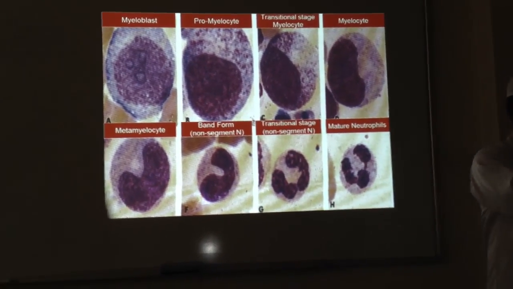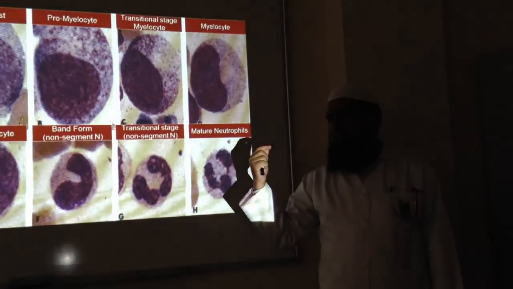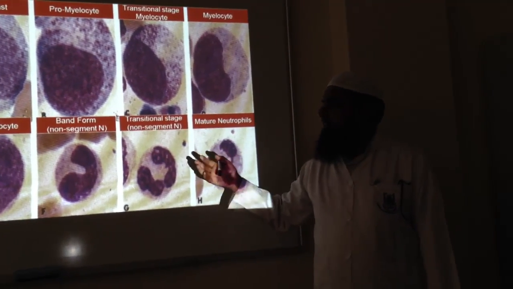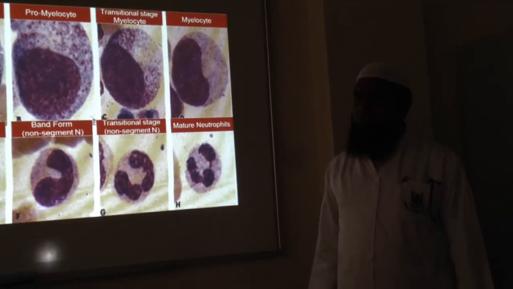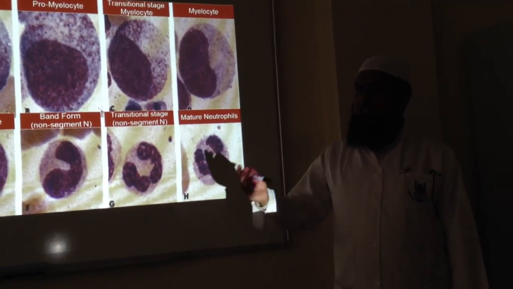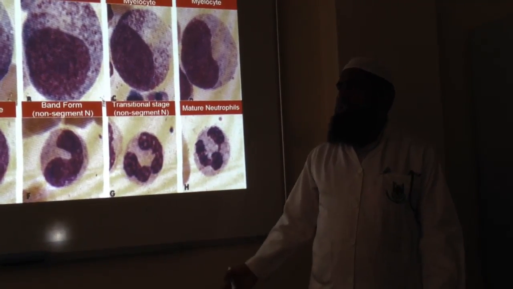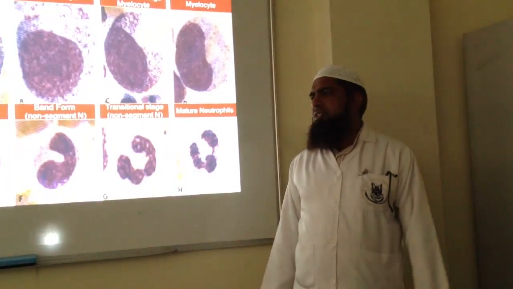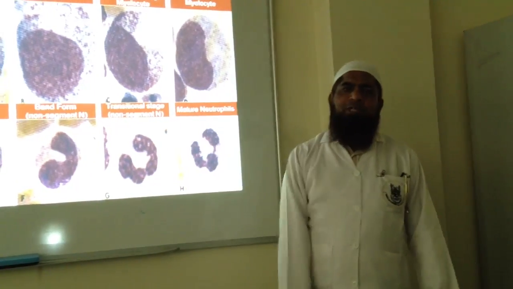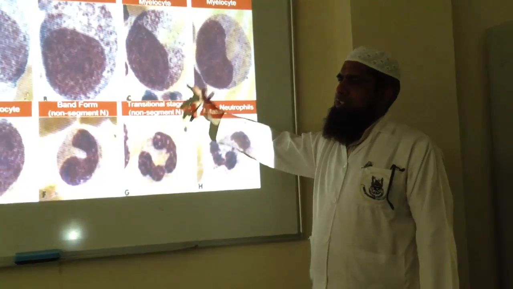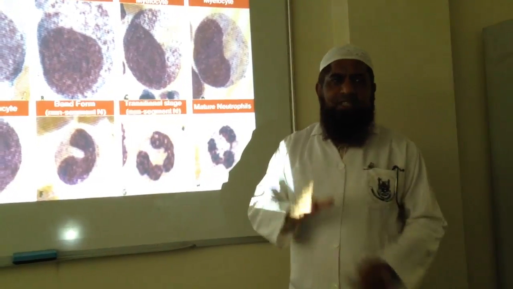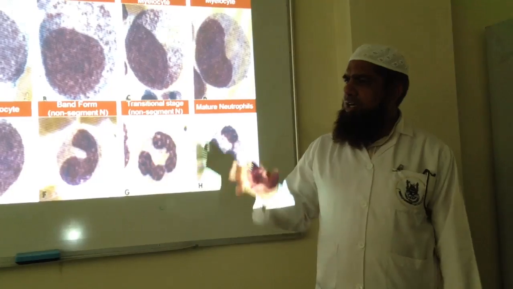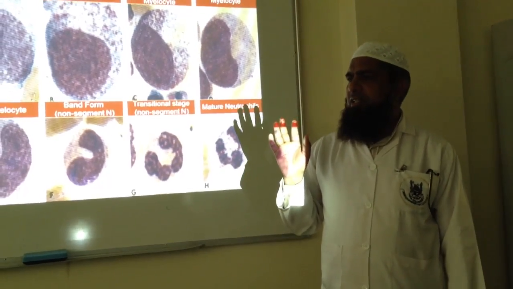For example, if the body needs 1000 neutrophils in one day, bone marrow will send 1000 neutrophils. If there is some infection or hemorrhage and the body needs 2000 neutrophils, bone marrow will send 2000. So this proliferation and differentiation is under control according to the needs of the body. Clear?